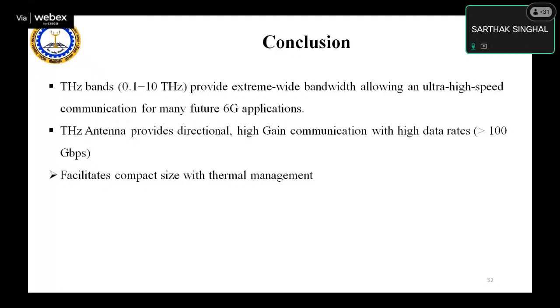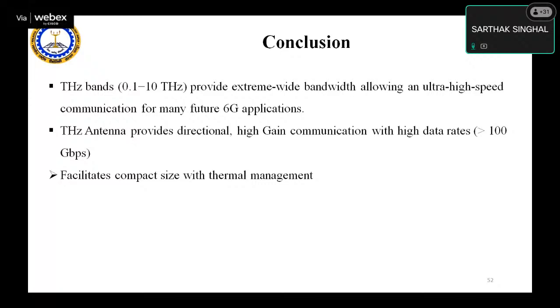So the first challenge of the terahertz antenna, which is designing of antenna to cover the entire band of terahertz spectrum with simpler or less complex geometries, can be addressed, but the question still remains: what about the practical conditions?